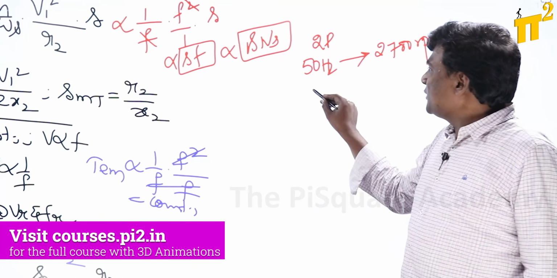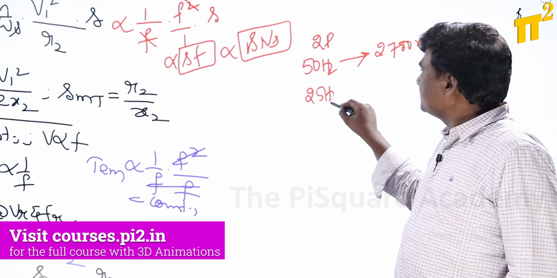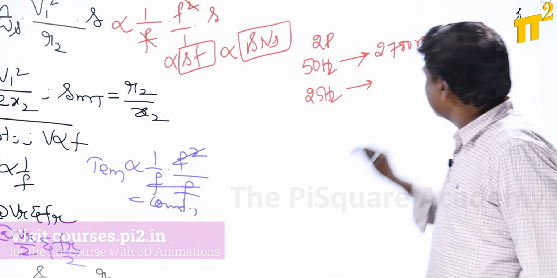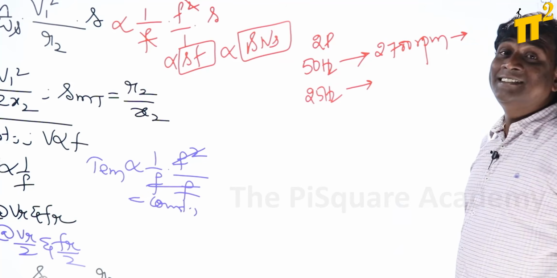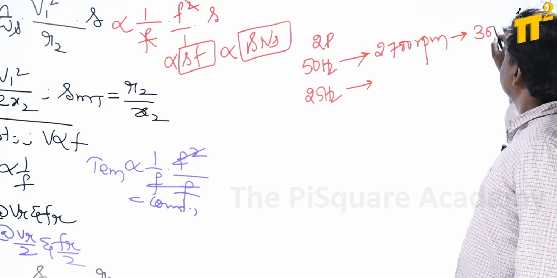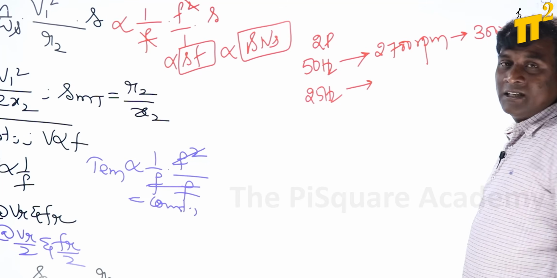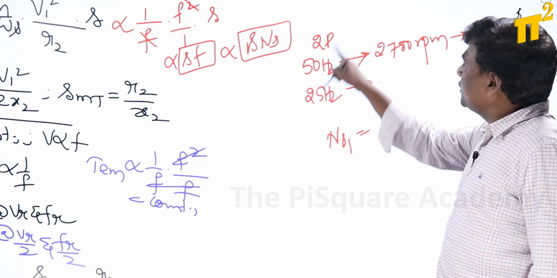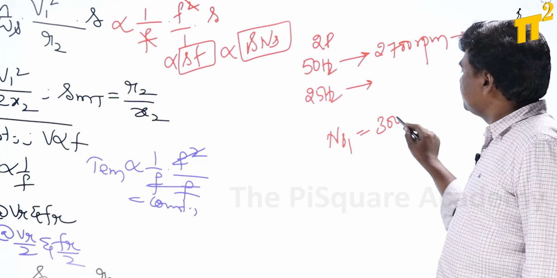Now when you supply 25 Hz, at what speed is it going to rotate? In the first case, what is slip speed? Slip times synchronous speed is going to be 300 RPM. In the first case, how much is synchronous speed? Synchronous speed for 50 Hz, 2 pole is 3000 RPM.